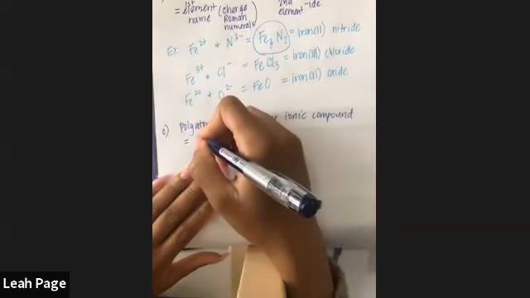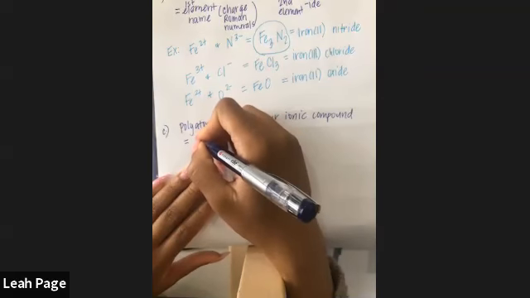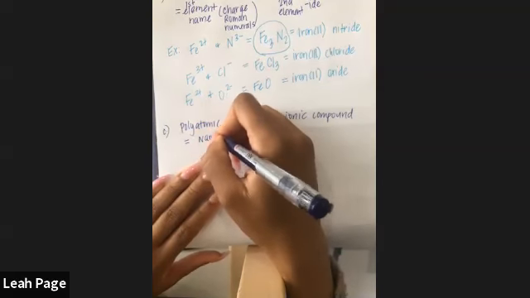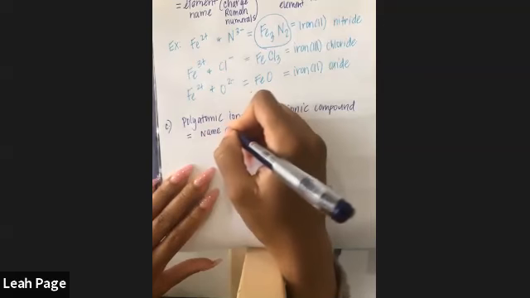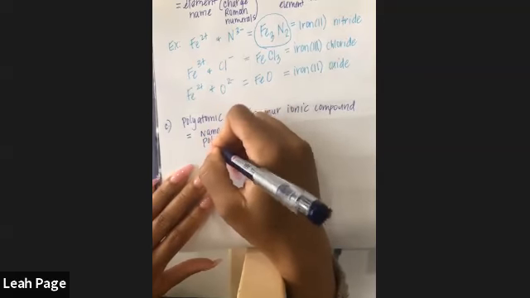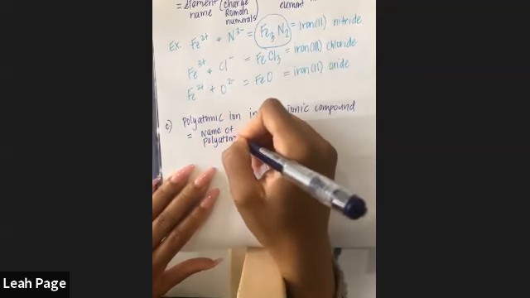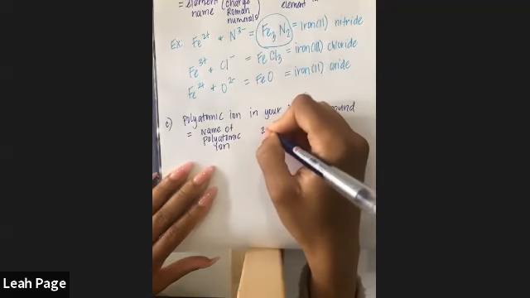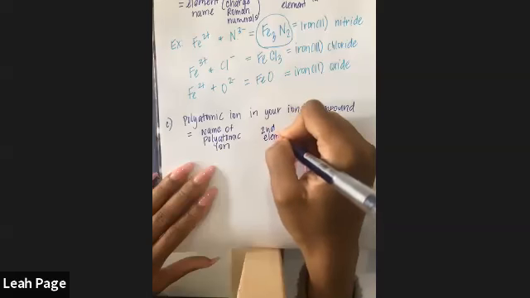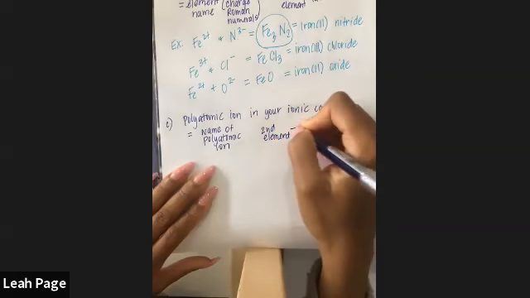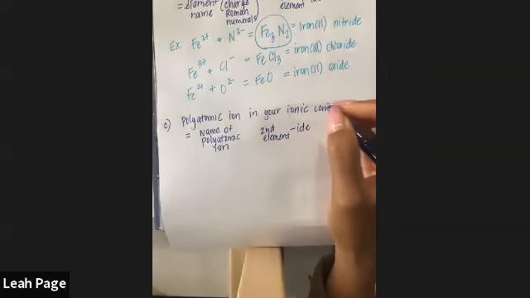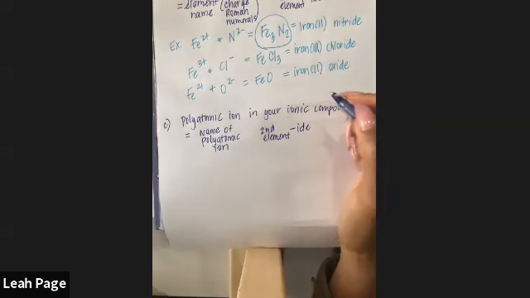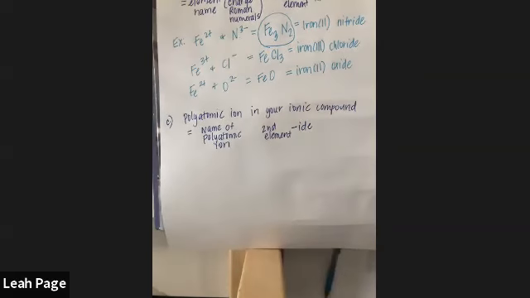So if you see the polyatomic ion first, you say name of polyatomic ion, and then you say second element with the IDE still.